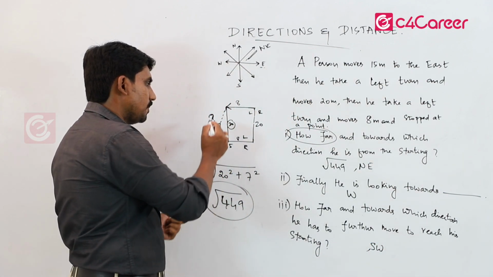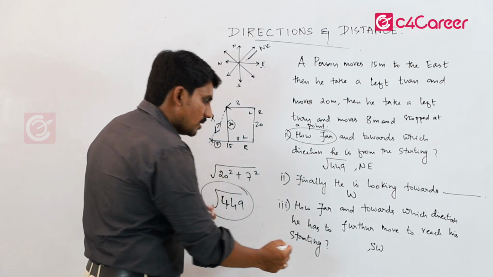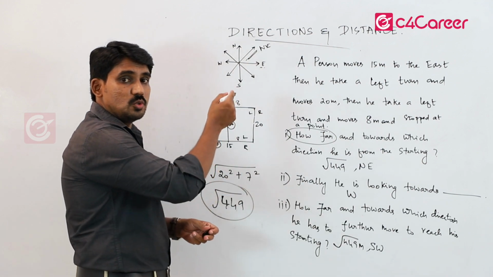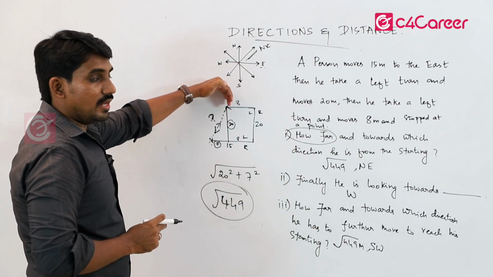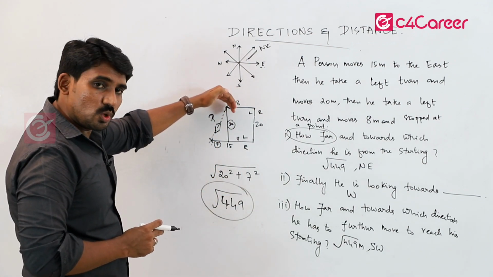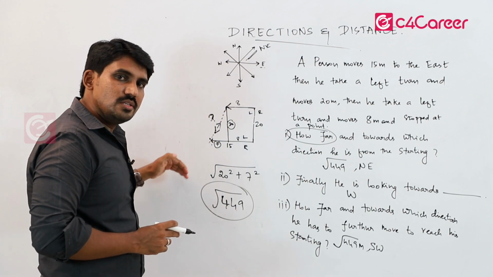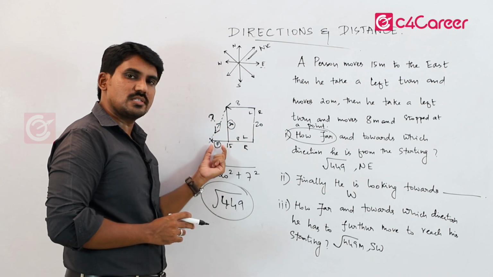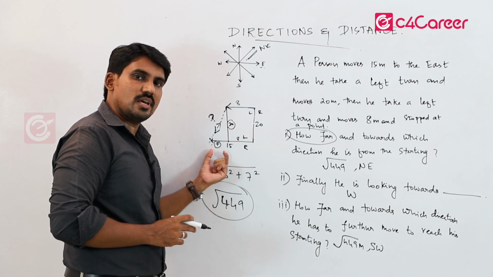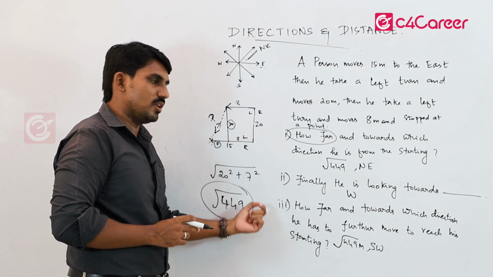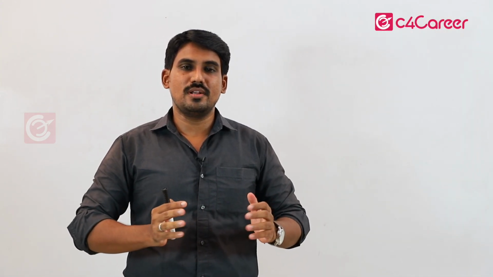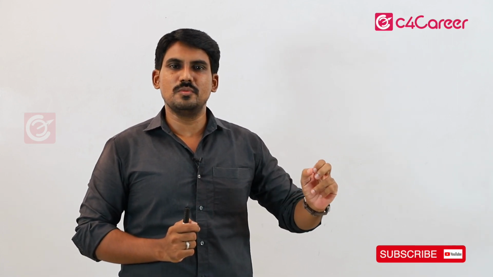Same method, that is root 449 meter towards southwest. Ending to starting, he can move towards this direction, southwest. And how many meter? Same, here 20 meter is there, 7 meter is there, 400 plus 49, square root of 449 meter towards southwest is the answer.